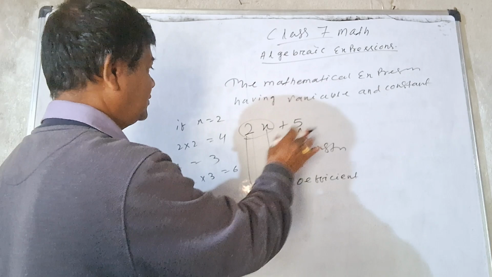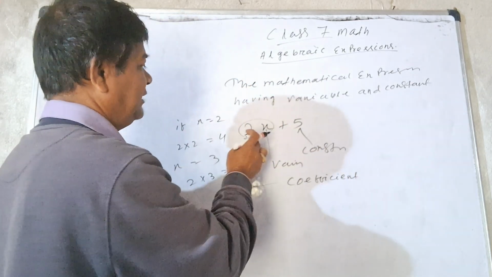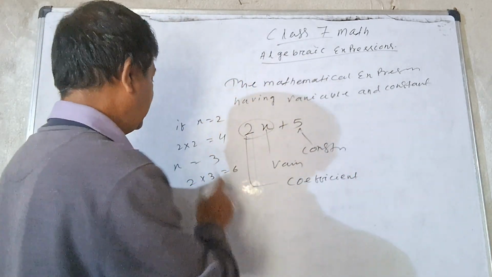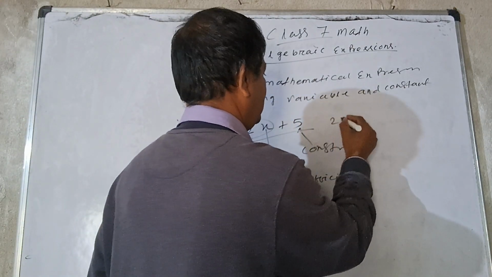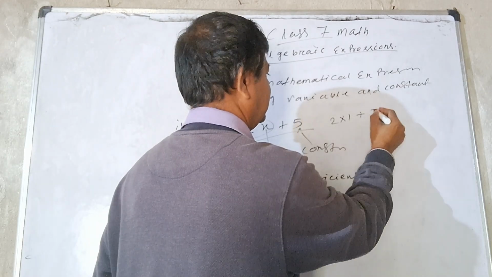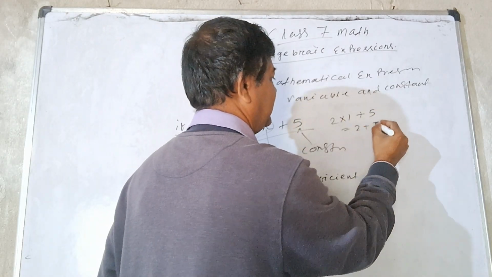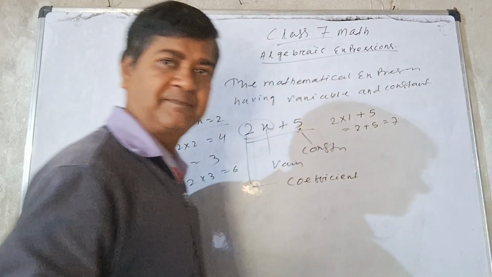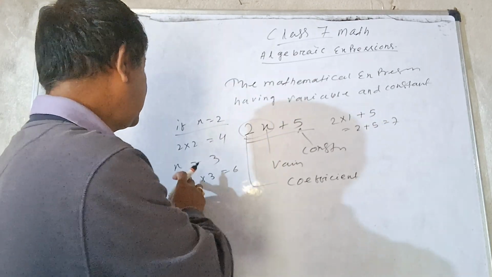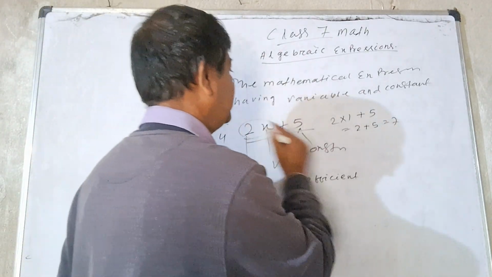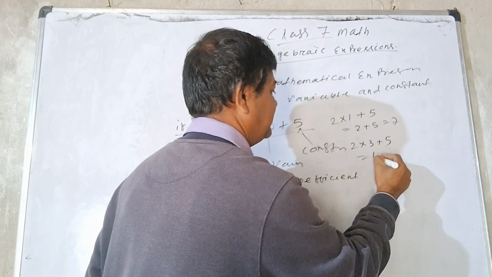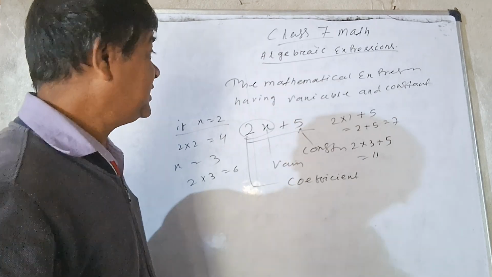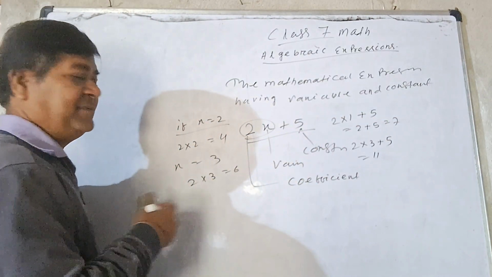In this way, we will be able to find the value of 2x plus 5. If x equals 1, then 2x plus 5 will be 2 into 1, 2, plus 5, 7 will be your answer. Similarly, if x equals 3, 2 into 3 plus 5, 2 threes are 6 plus 5, 11 is your answer. These are all algebraic expressions.